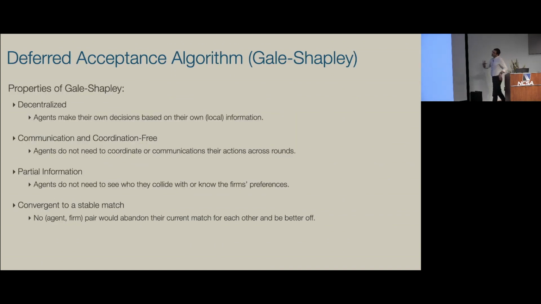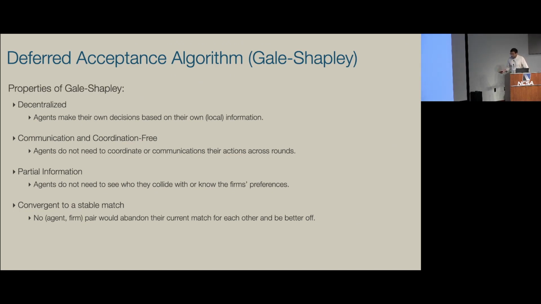So this benchmark, this Gale Shapley algorithm, has a lot of nice properties when viewed from the lens of convex optimization and online learning, which is really that it's a decentralized algorithm in that agents make their own decisions based solely on their own local information. They don't have to know anything about the other agents in the market. It's communication and coordination free, and the agents are not coordinating their actions or communicating their actions across rounds.